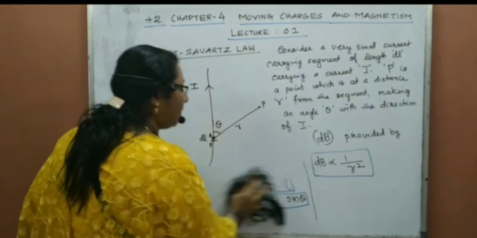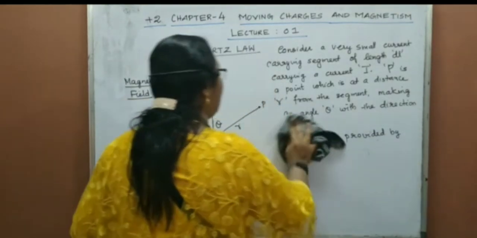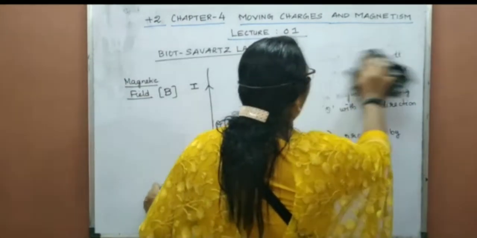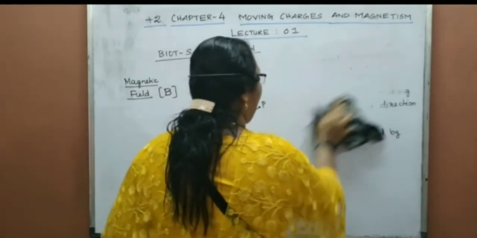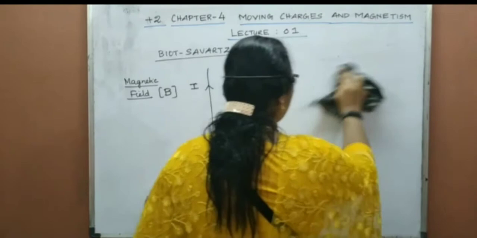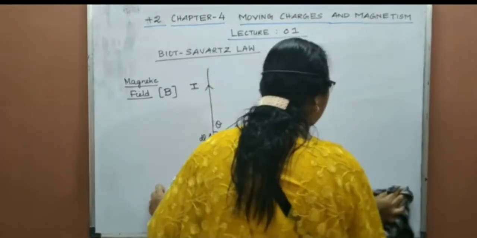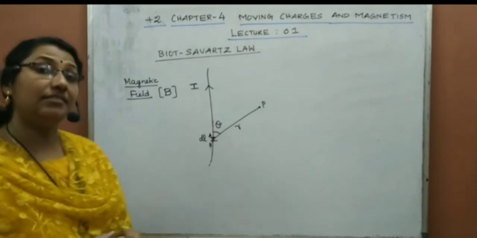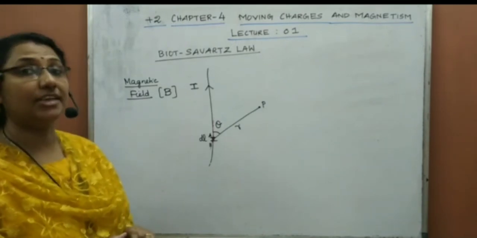So, the magnetic field due to a very small current carrying conductor AB of length dl carrying a current I at a point P, which is at a distance r from it, making an angle theta to the direction of current.